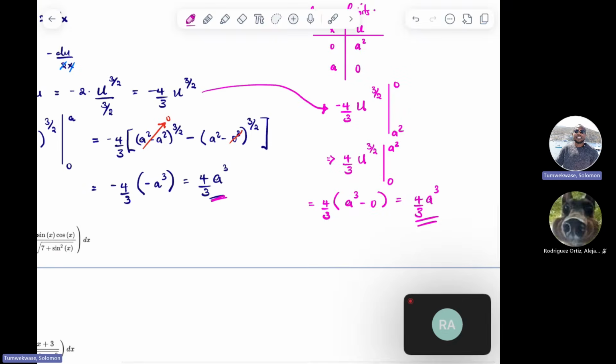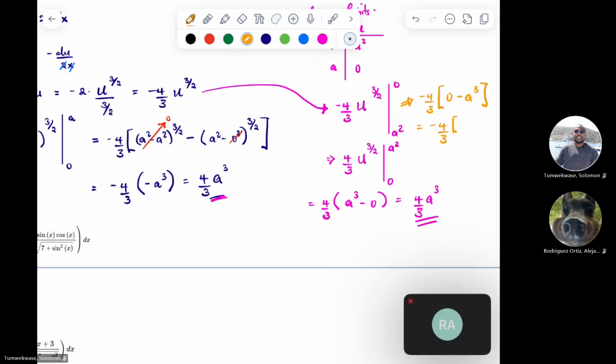If I continue here, just for completion, I'll have negative 4 over 3 into 0, I'll have 0, then minus a cubed. So you can say I have negative 4 over 3 into negative a cubed, and this negative and this multiply, and we go back to the same answer.